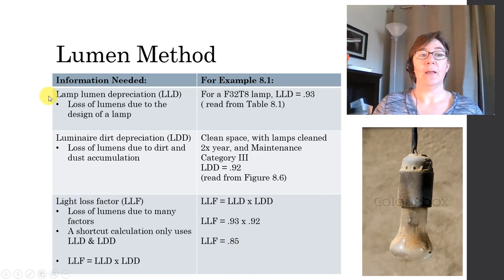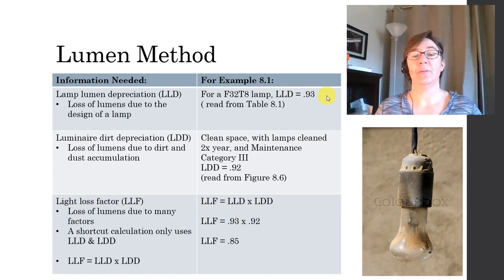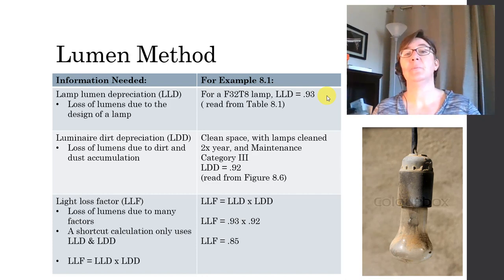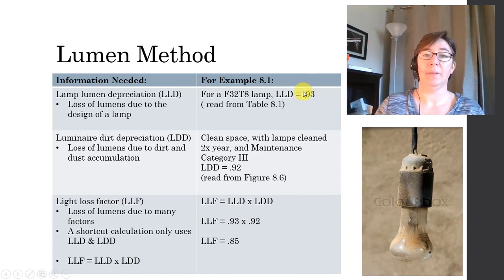So for the lamp lumen depreciation, or LLD, we're going to look at the specific lamp that we've chosen, which is the F32 T8 lamp. And you can use a standard factor that goes along with that particular lamp. In your textbook, they've given it to you. There's a table 8.1, and that number is 0.93.